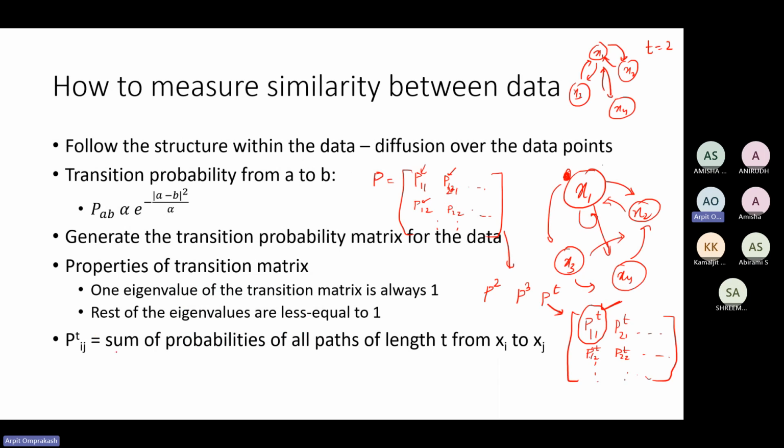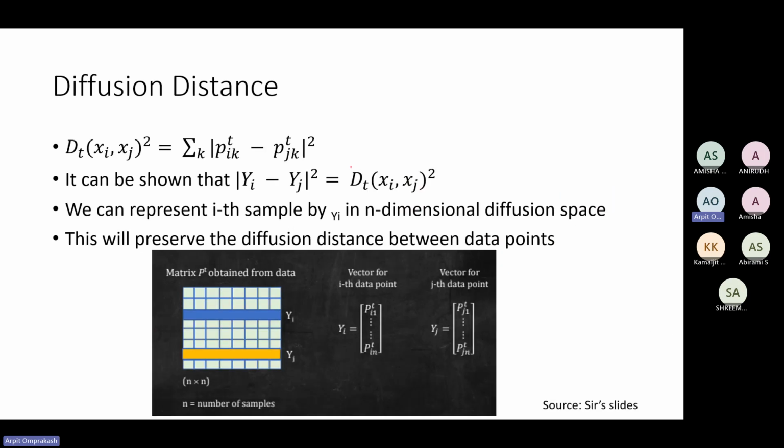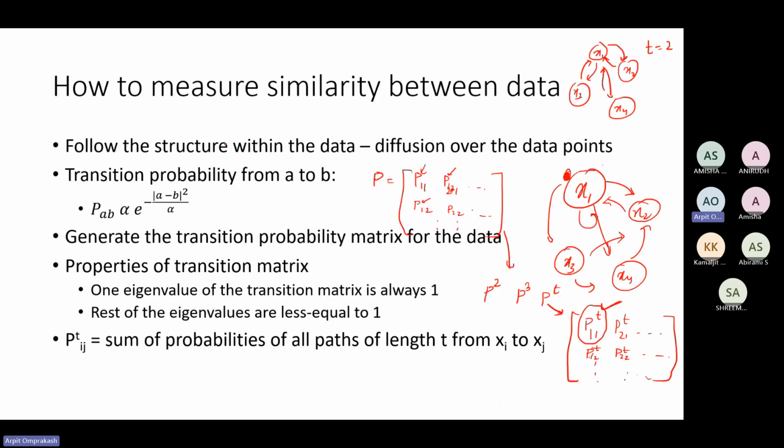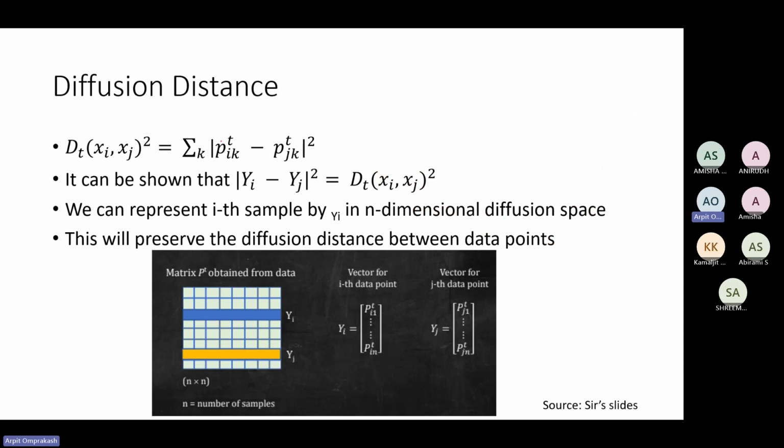P_ij is the sum of the probabilities, and this is also the sum of the other probabilities, over path length from xi to xj. So this is the probability of path length from i to k. What is the probability of path length from j to k? You take the difference, you square it, and you sum it for all the different k values that you have in your data, for all the different data points.